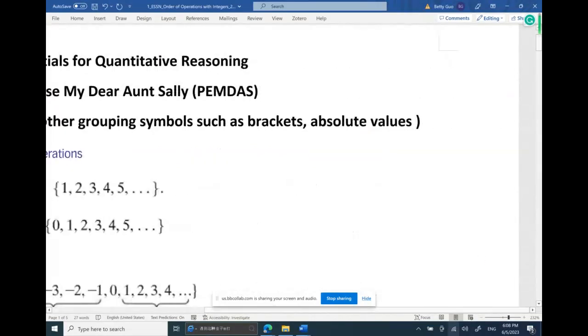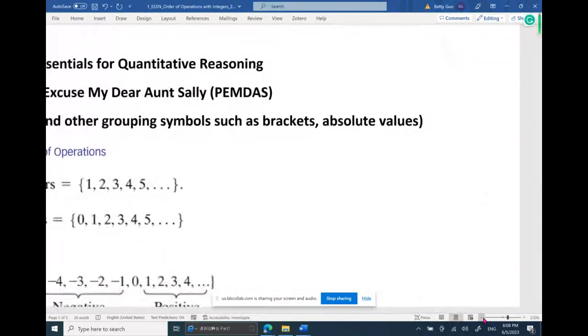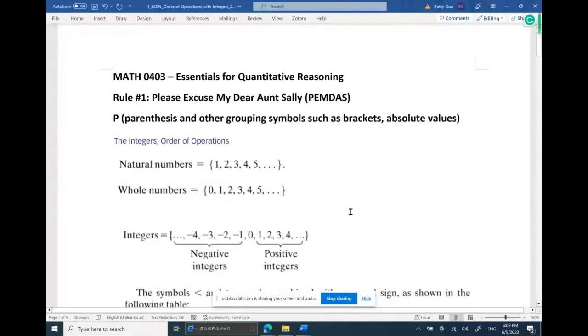Those are all seen as grouping symbols. So P here represents parentheses, but it also refers to all other grouping symbols.